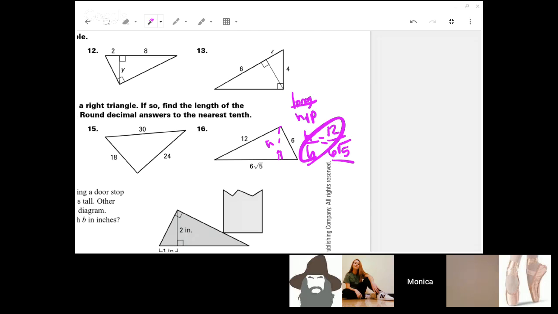All right, we need number 17 still. No, Natalie, it's not 6.